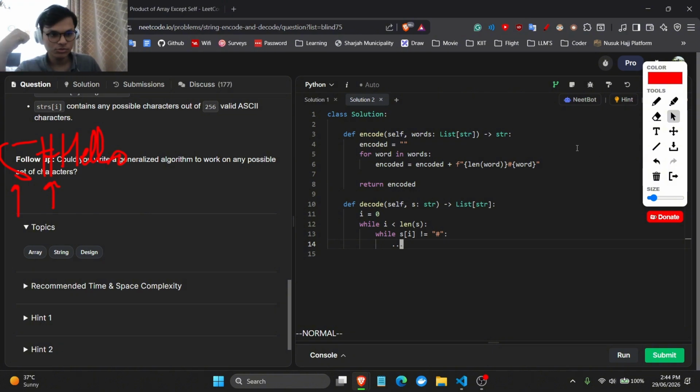What I want to do is store the number up until we get the pound symbol. So how do I do that in code? That is something I need.